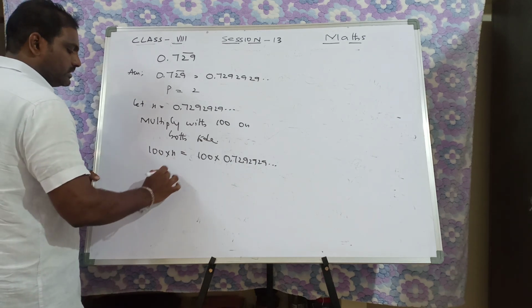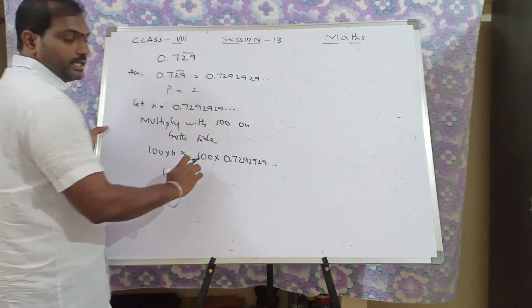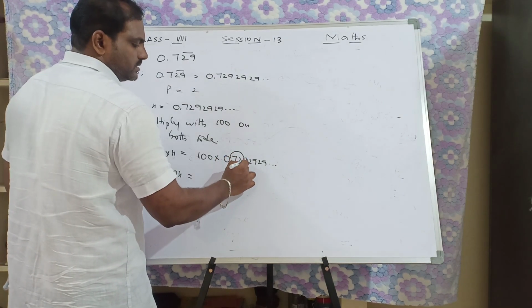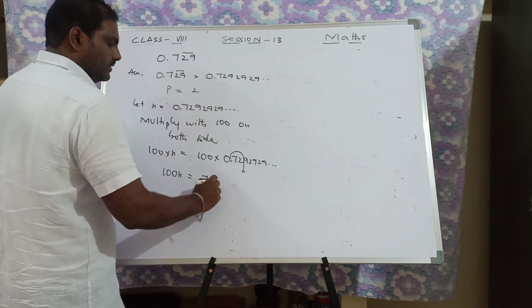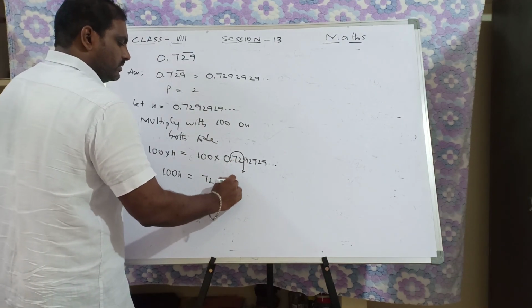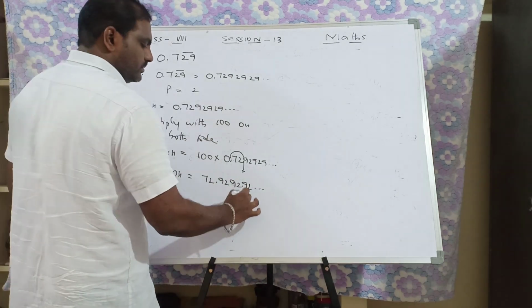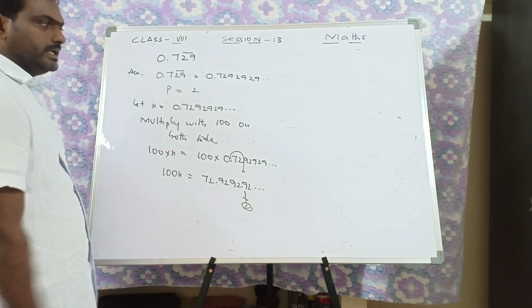So 100x equals, since I multiply with 100, the point will shift two places. How much will I get? That is 72.9292 and so on. So this is equation 2. 72 point. Don't write 729.